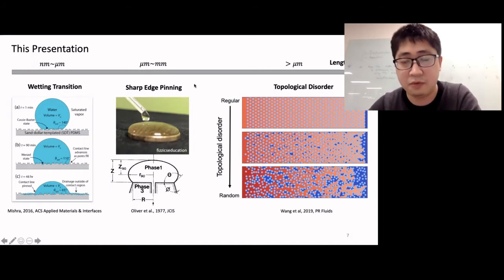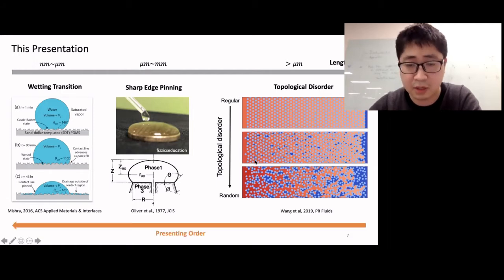And also moving to the larger macroscopic scale, we look at the topological disorder and how that influences the displacement process. I'll present this in a sequence from the right to the bottom to the left.